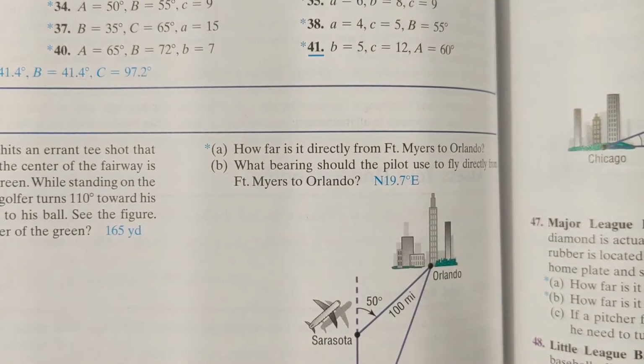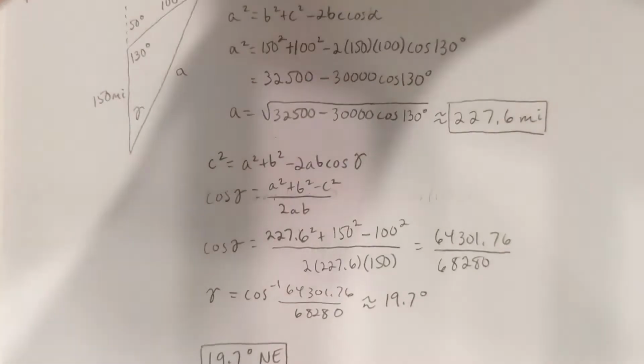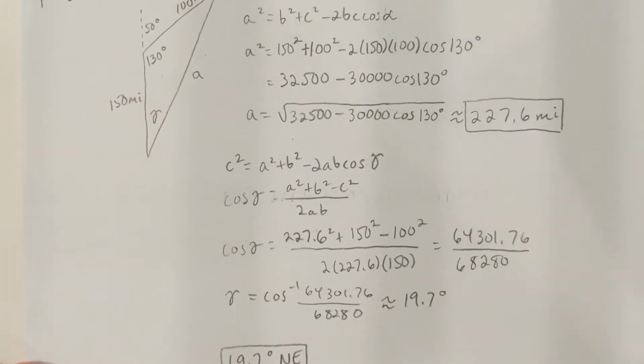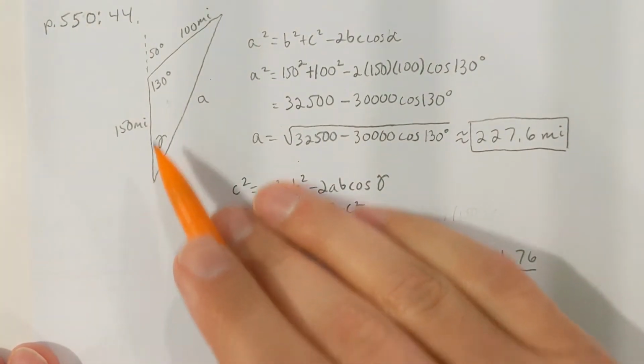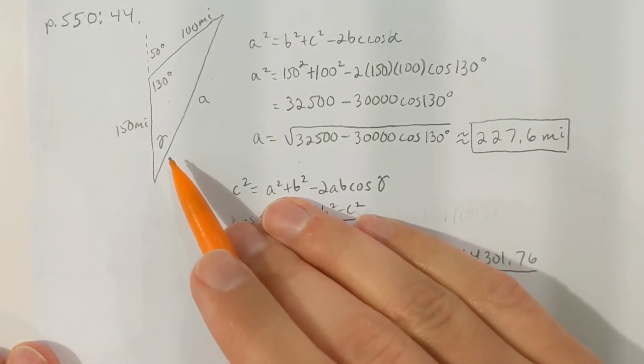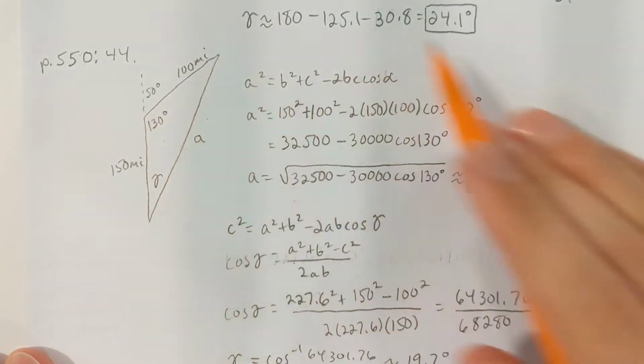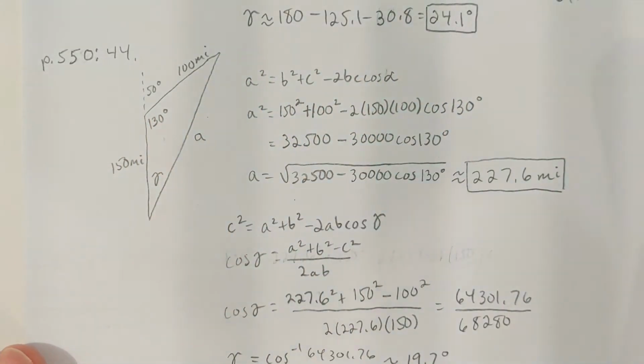Part B says, what bearing should the pilot use to fly directly from Fort Myers to Orlando? In other words, if the plane is starting off straight north, what angle does it need to shift in order to fly directly to Orlando rather than going north and then east?